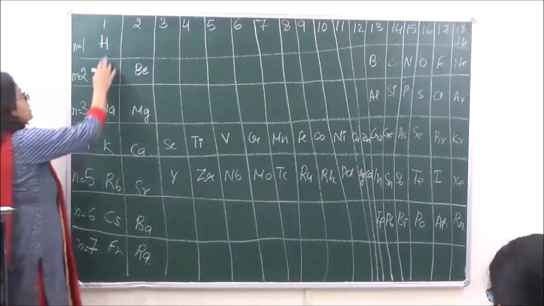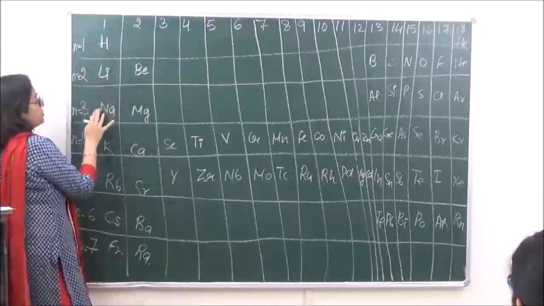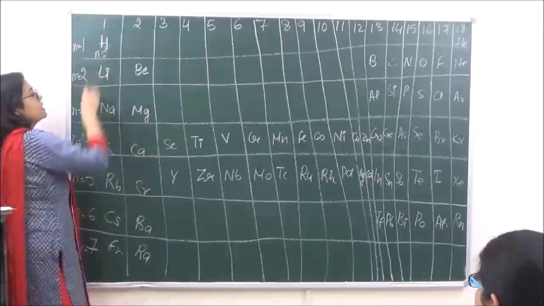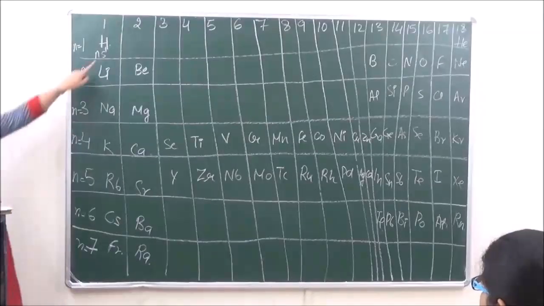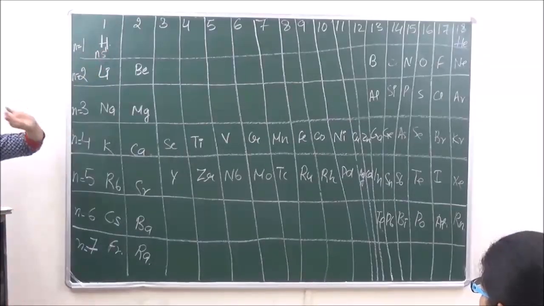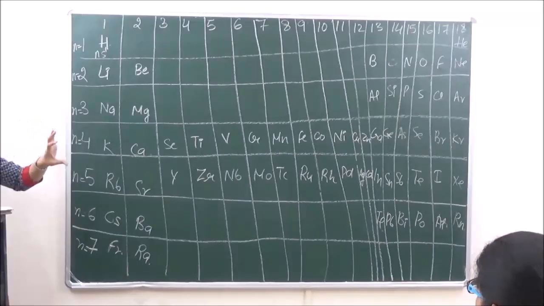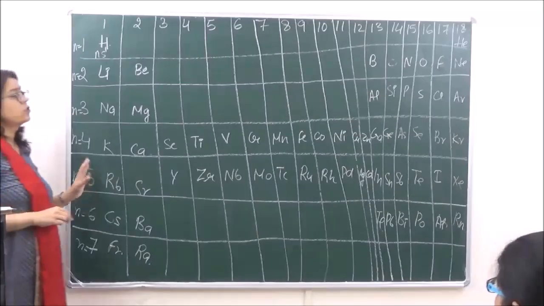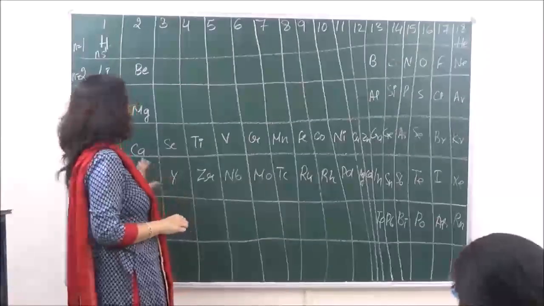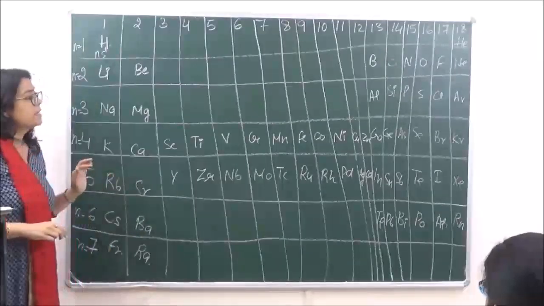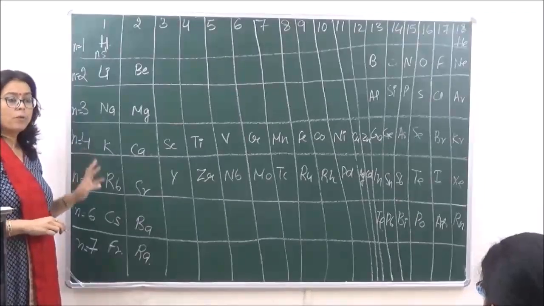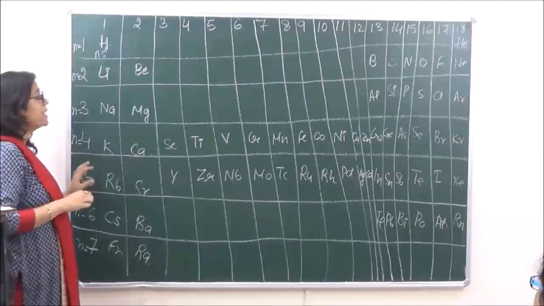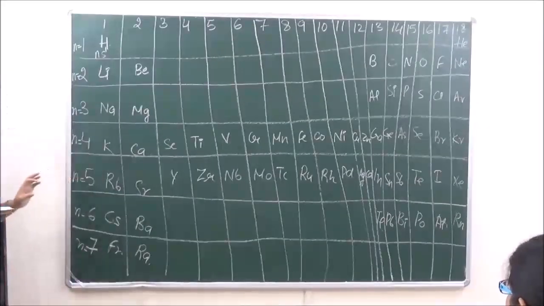Like for example, if we go to this group, we say that the general electronic configuration of this group is ns1. So this electron which is entering the last shell, that is known as the differentiating electron. Depending upon the differentiating electron, the entire periodic table is further classified into 4 different blocks, right? Depending upon where the differentiating electron is entering.